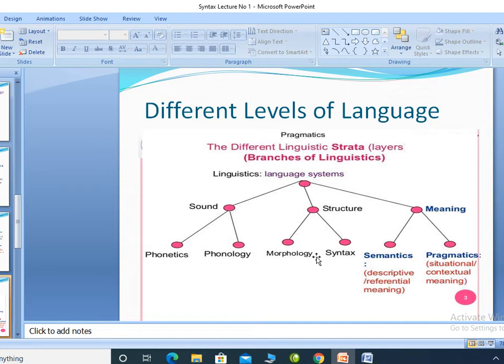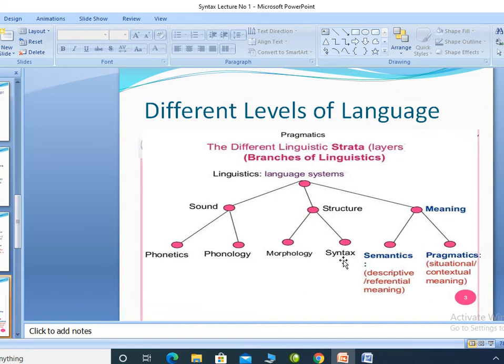Morphology is the study of words and other meaningful units of language, like suffixes, prefixes and inflection, and all these things we have discussed in the second semester. For example, dog and dogs, walk and walking, and how people figure out the differences between these words. So morphology deals with the structure of individual words, how words are structured.